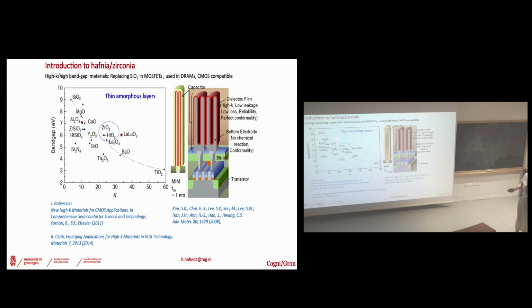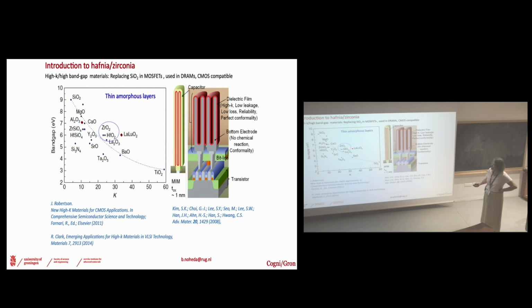And people could go down to the 28 nanometer node, I believe, thanks to substituting silicon oxide by materials that have larger dielectric permittivity, like hafnia. And zirconia is also very close by. Okay? And this is about amorphous layers of the material, so this is not a ferroelectric.